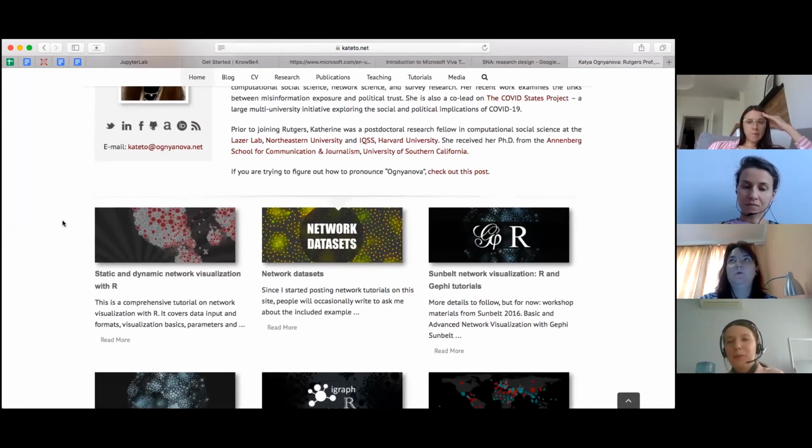I think it's a very good question, and most of us started with this question: I have a network which is a hairball and I don't know what to do with it. I'm not sure that network visualization is the best approach to identify some patterns. Actually, I would suggest you think about a research question.